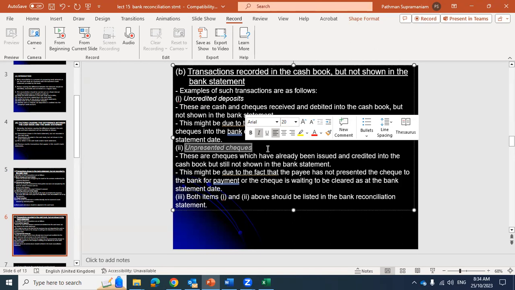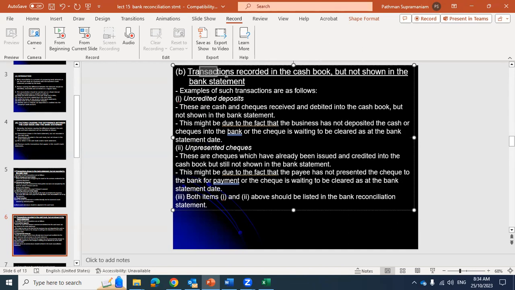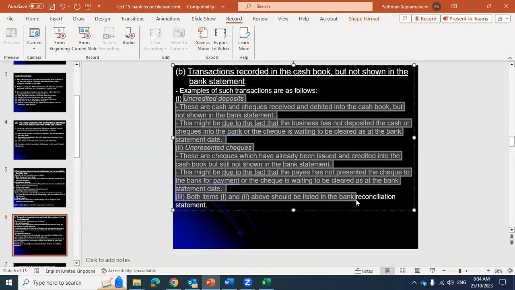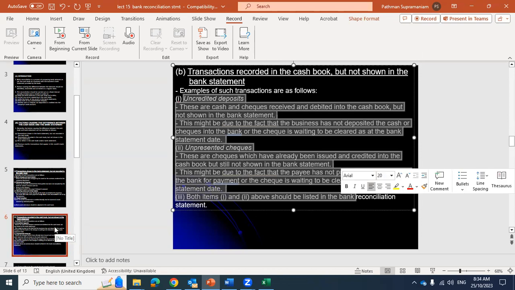Reason: either the person whom we have given the check to has not gone to the bank to deposit the check, or they have gone to the bank, but this transaction is waiting to be processed. Either way, these transactions have been recorded in the cash book, but not recorded in the bank statement yet.